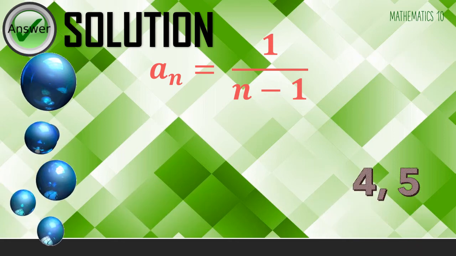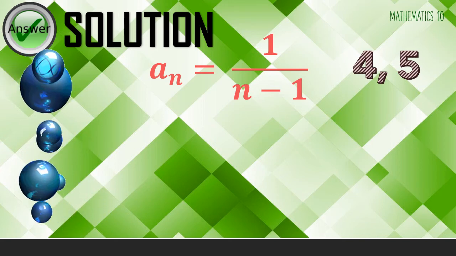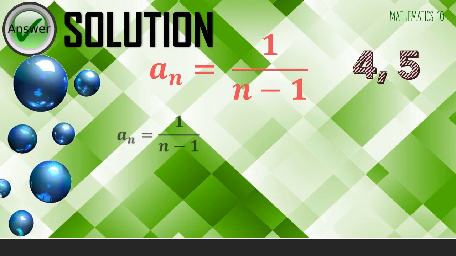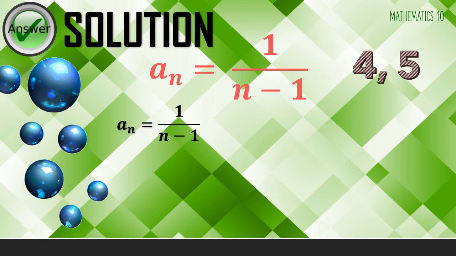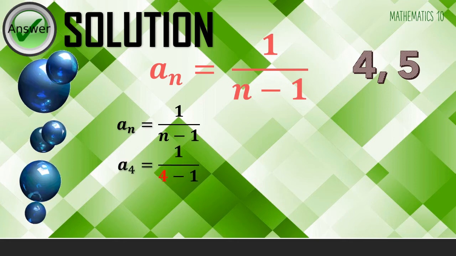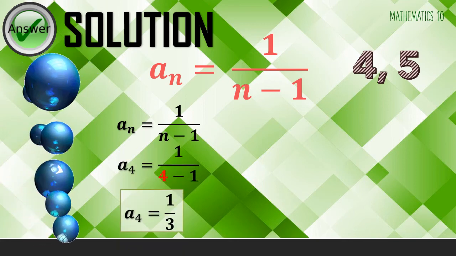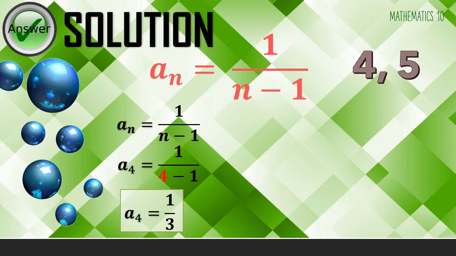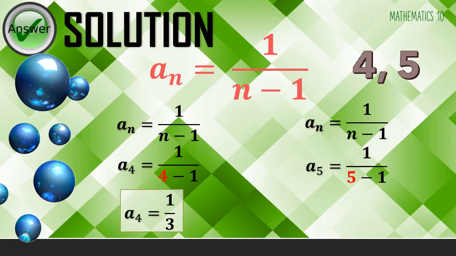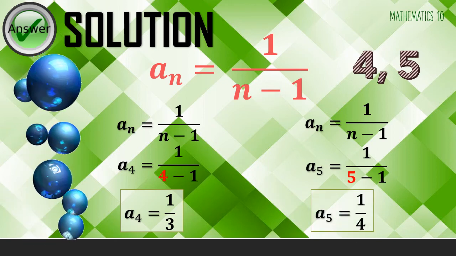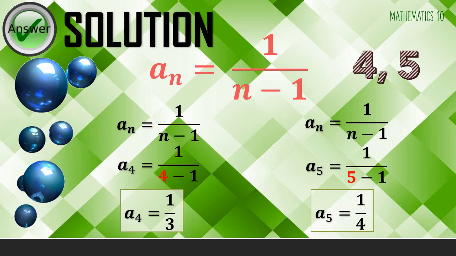Next, for the fourth and fifth term, we have a sub n equals 1 over n minus 1. So change all the n's by 4. We'll end up with a sub 4 equals 1/3. And for the 5, just simply substitute again. Simplifying, we'll end up with a sub 5 equals 1/4.